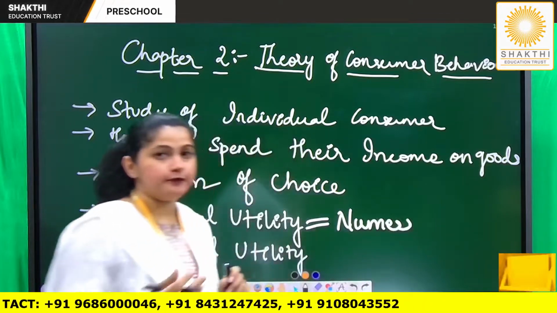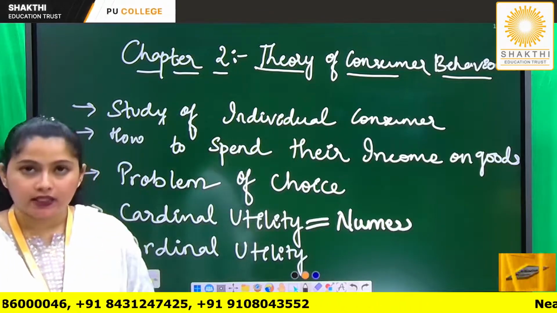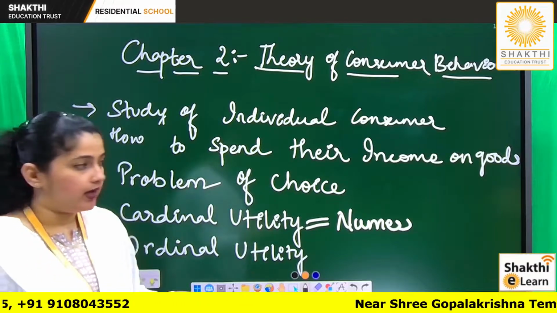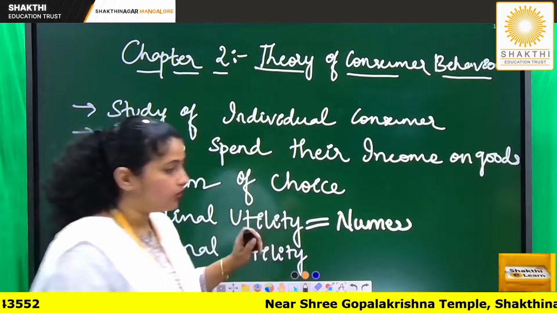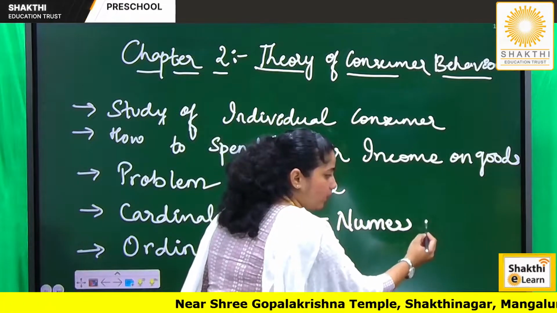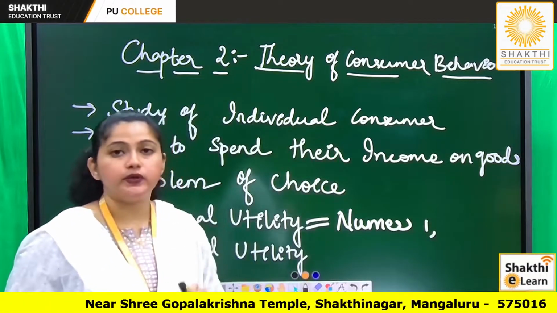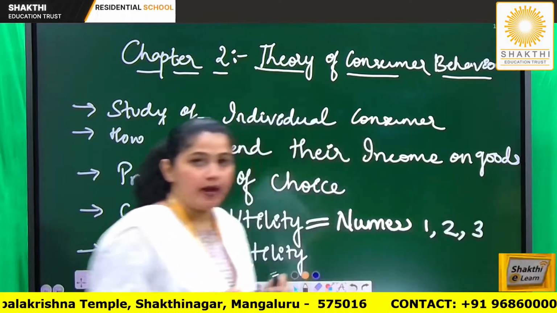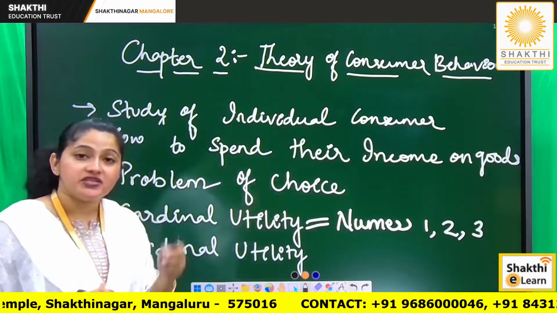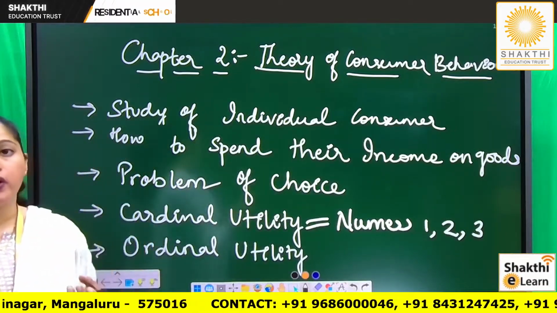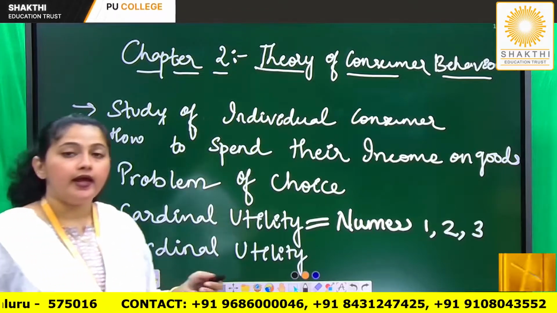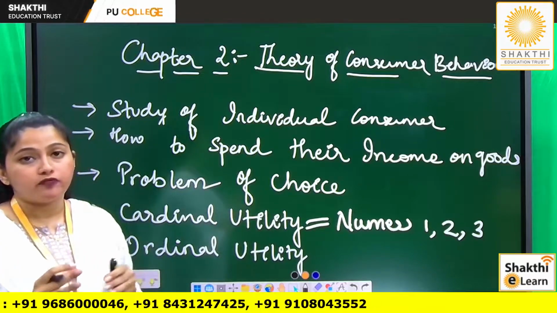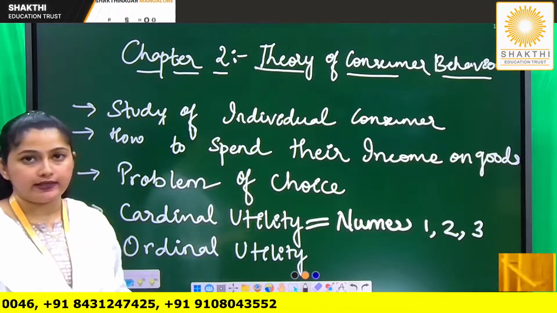For example, if we consume apples, in cardinal utility you measure that I have eaten one unit of apple, or 2 units of apple, or 3 units of apples. So here you measure the number of commodity which you consume. That is called cardinal utility. The utility which can be measured in terms of numbers is called cardinal utility.